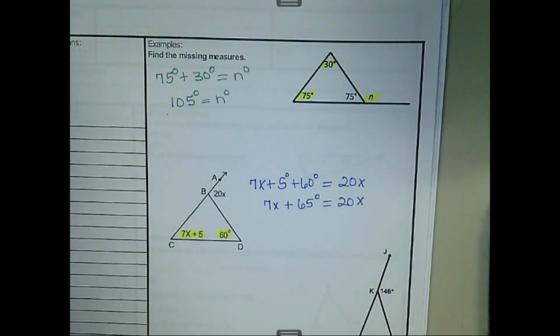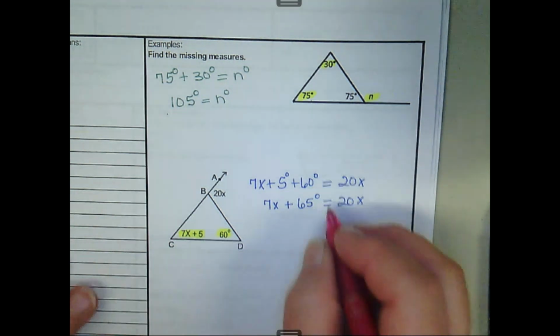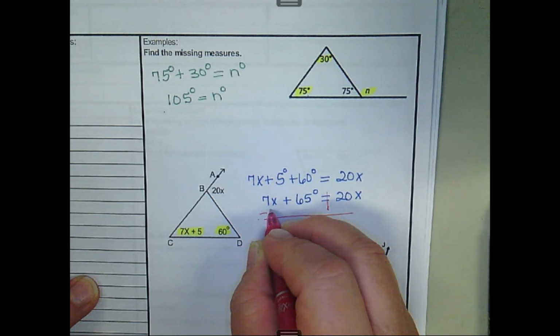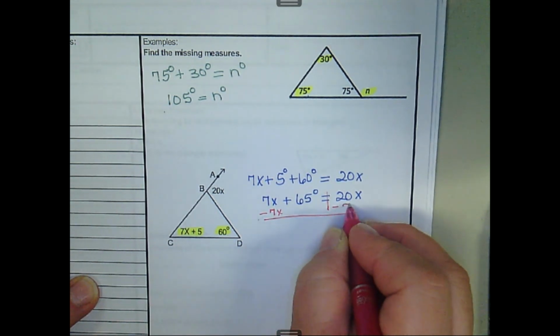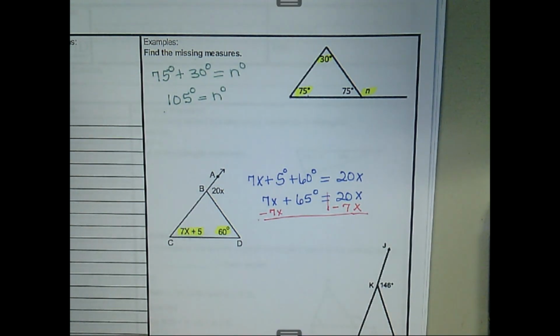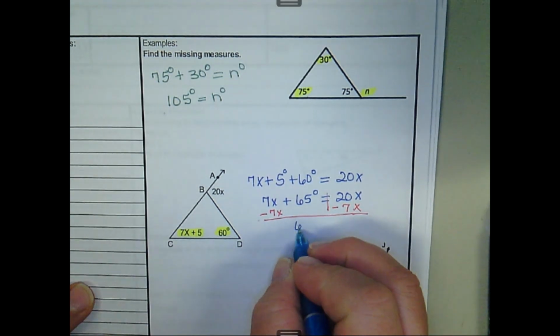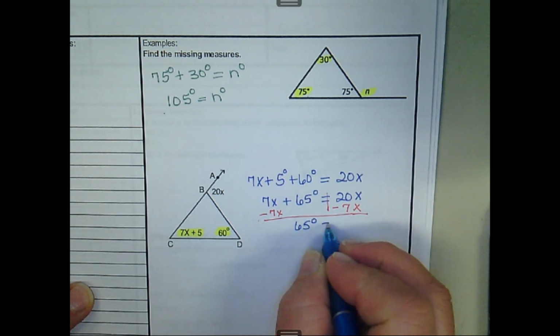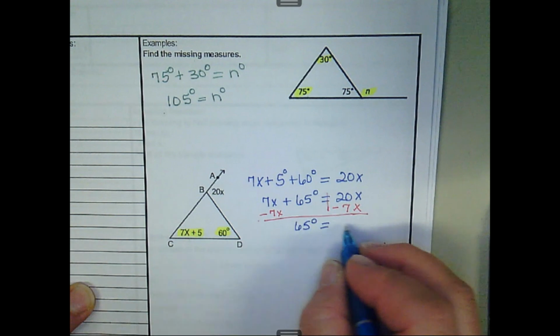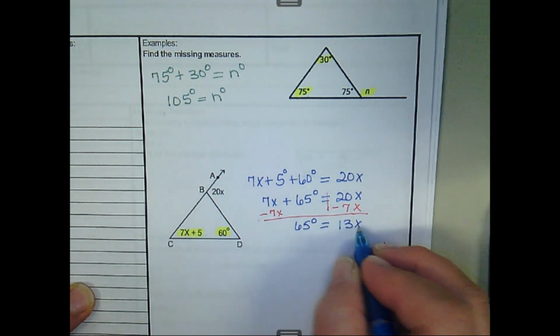Combining like terms. Now comes my algebra. I have to subtract 7x from both sides. 65 degrees is equal to 20 minus 7 is 13. So that's 13x.